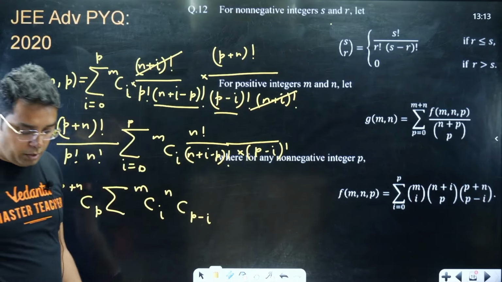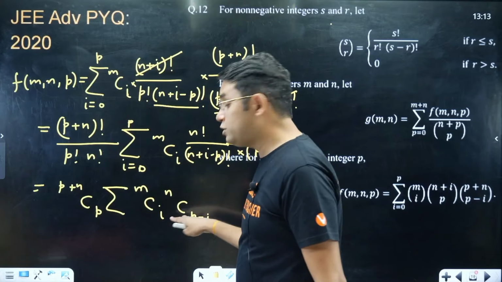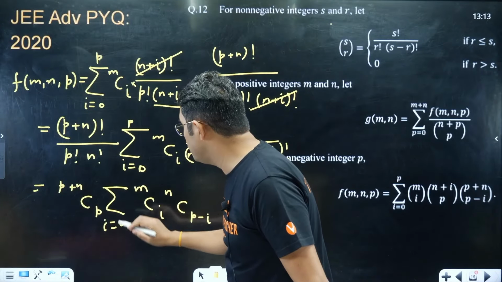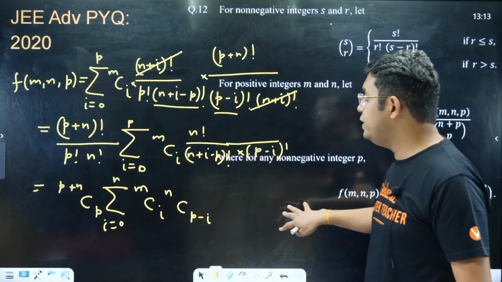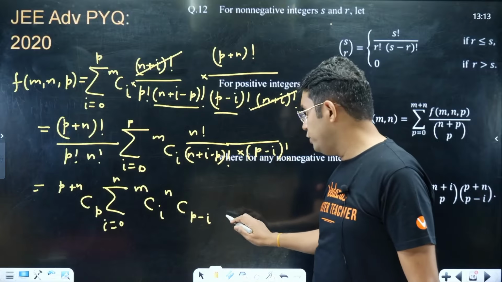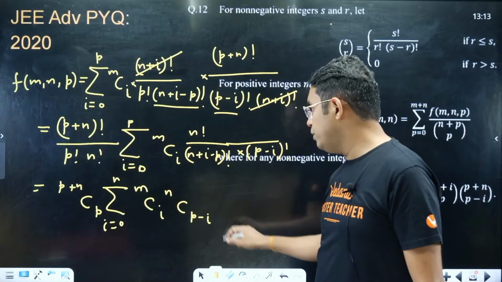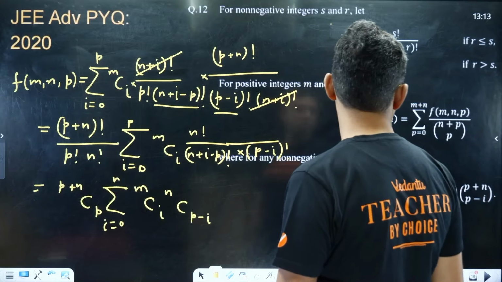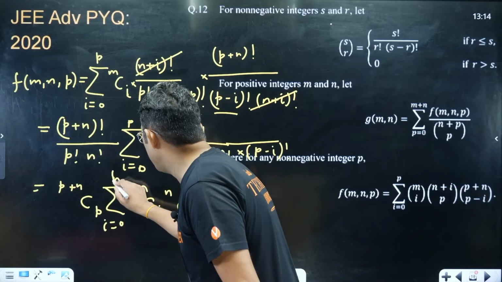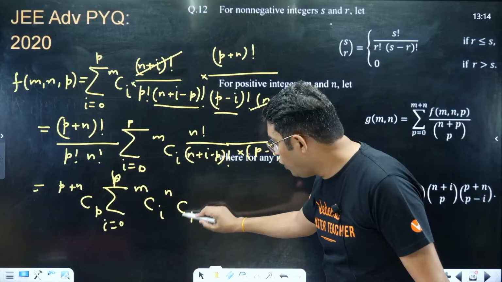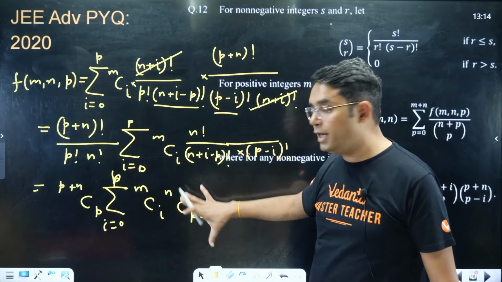And as I told you there, when the sum of these two is fixed, and because I is ranging from 0 to p, all possible values are taken care of, because if you put I equal to 0, it will be p, and if you put I equal to p, it will be 0. Actually this was p, not n. So if you take I equal to 0 to p, all permissible values are taken care of.